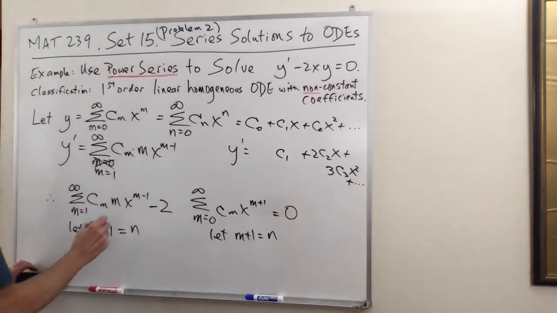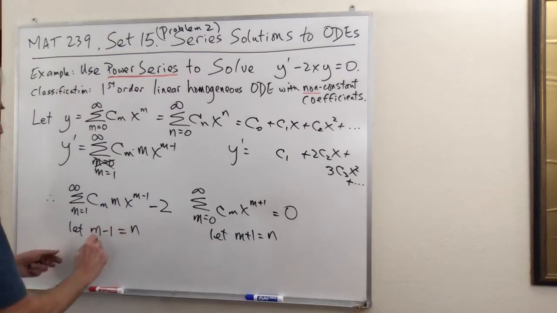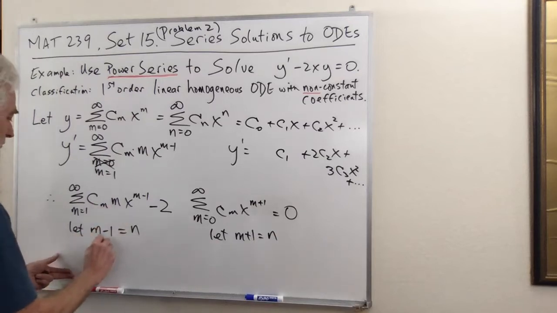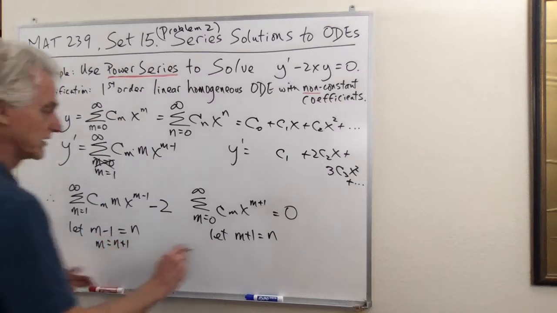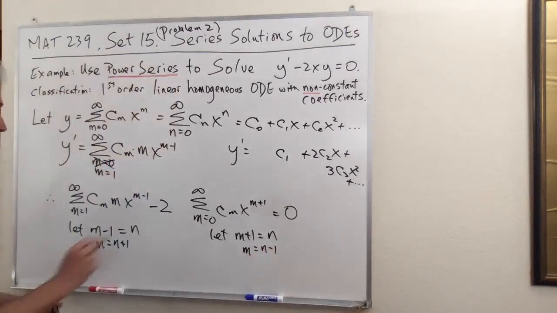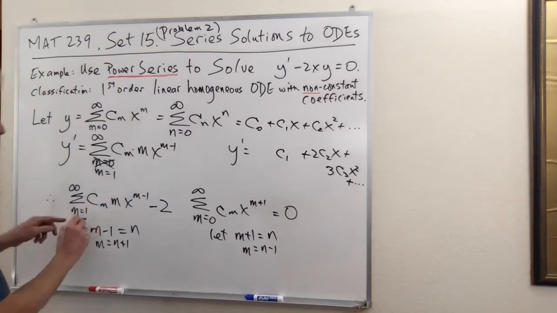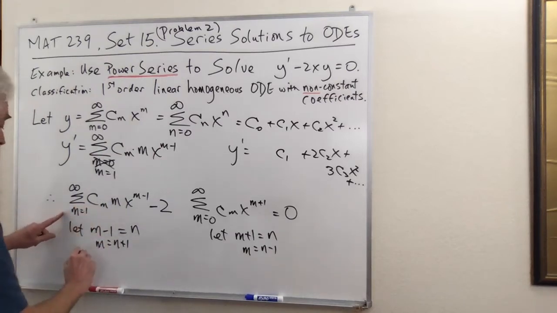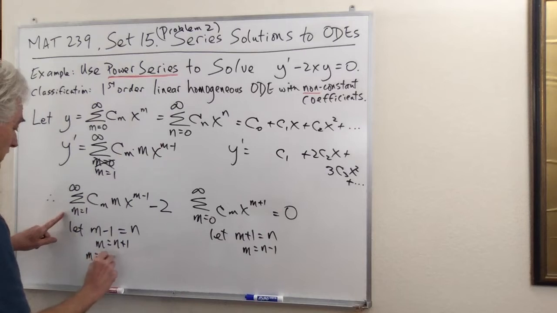And let's think about this. I can solve for what m is, right? m is n plus 1 here, and m is n minus 1 here. And I also want to start thinking about the first term. Here, m equals 1.